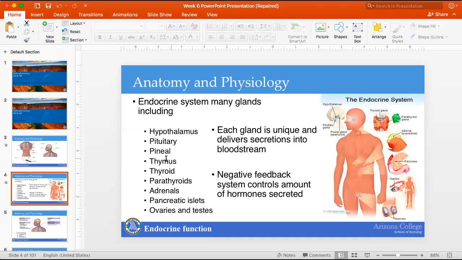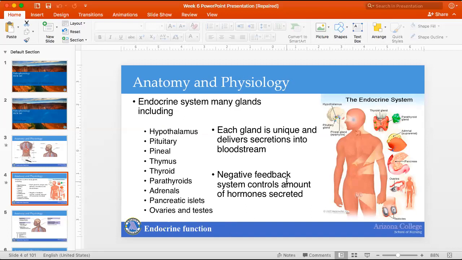You have the thymus, which sits just above the heart. You have the thyroid, which is in the anterior portion of the neck. Parathyroids, adrenals, which sit on the superior aspect of the kidneys, pancreatic islets, ovaries, and testes. Each gland is unique and delivers secretions into the bloodstream.